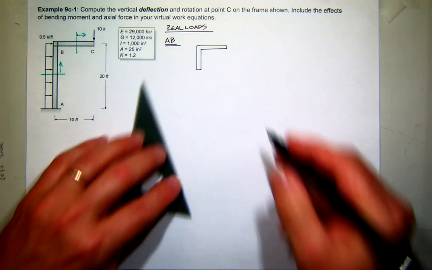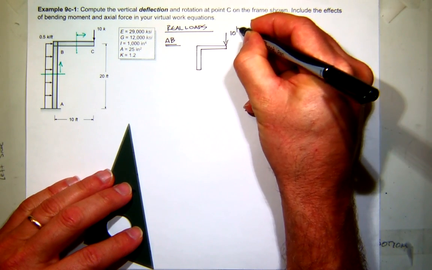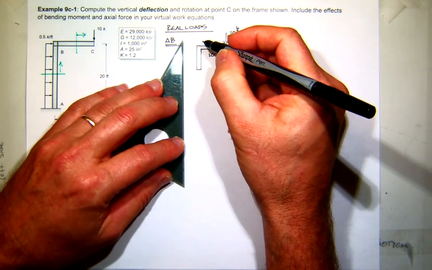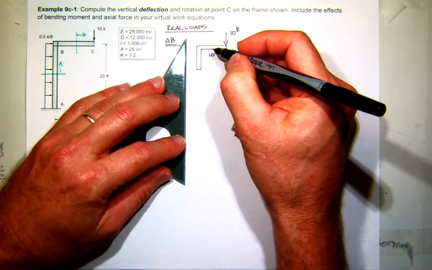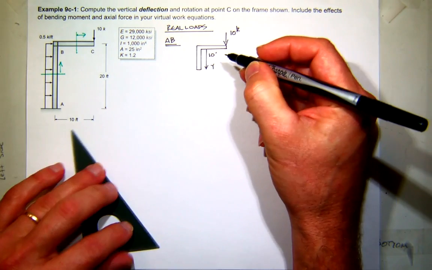So there's my structure. Out here at the end, I have my 10 kip force. This is a distance of 10 feet. And I'm going to draw it in this direction called Y.